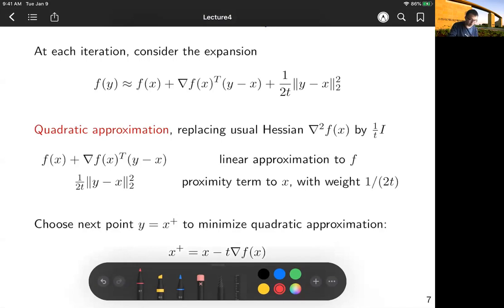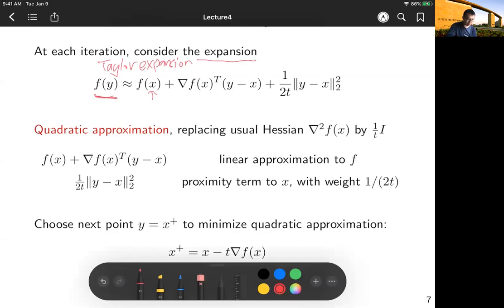Think about this as a Taylor expansion of function f of y at location x. For those who are not familiar with Taylor expansion beyond the one-dimensional case, this is simply a vector-based generalization of the Taylor expansion.